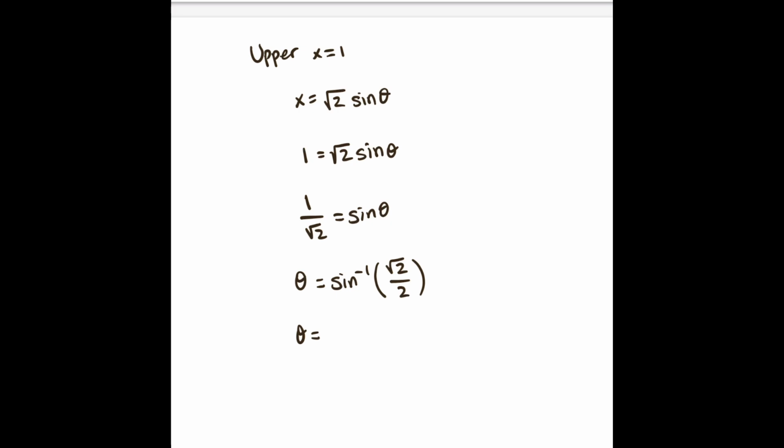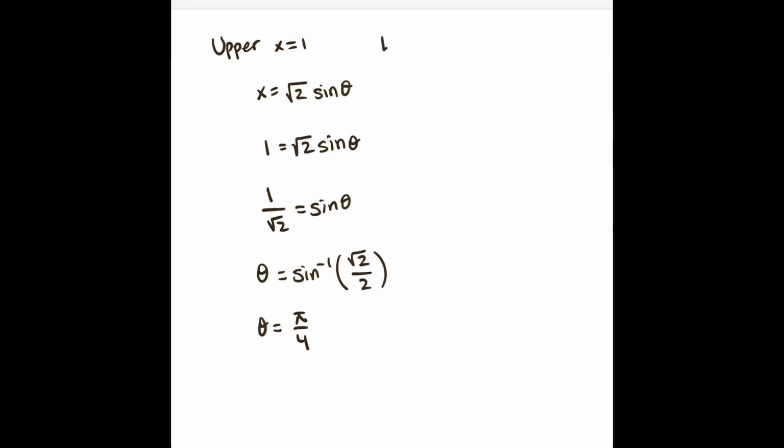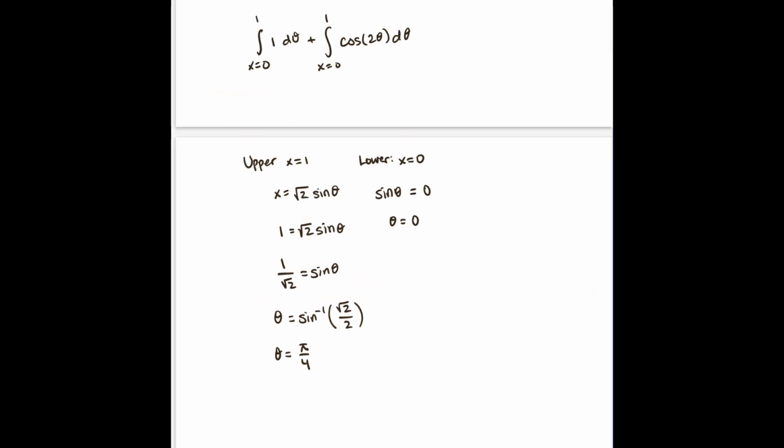And this answer is, of course, pi over 4. Then we need to solve for the lower bound, which is x equals 0. So we'll have sine theta is equal to 0, so theta is going to be equal to 0. These are our new bounds for our integrals.